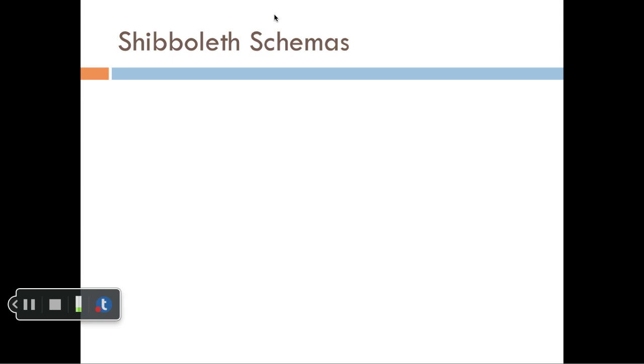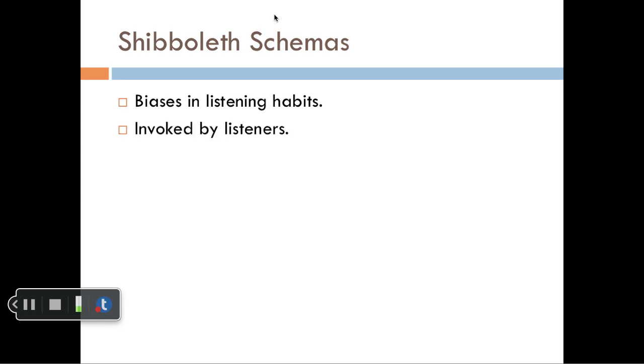So in that sense, it's a schema. Shibboleth schemas are biases in listening habits of the listener. The listener has a sense of, I am biased to hear things said this way. For instance, I come from the western United States. People call me Yankee, but I actually come from an area that's more south than where people live in Arkansas. But it's in the western United States.